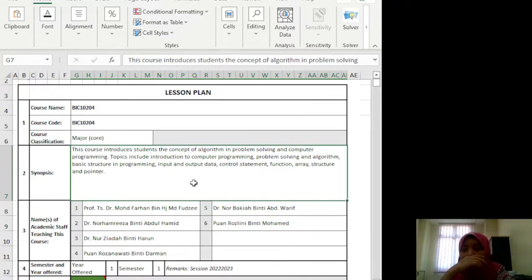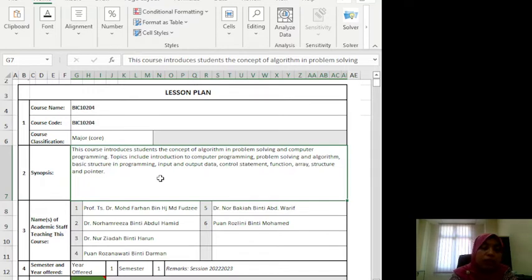Again, what we use here is the basic. You also need to adopt all these basic programming steps or basic structure into other types of programming later.